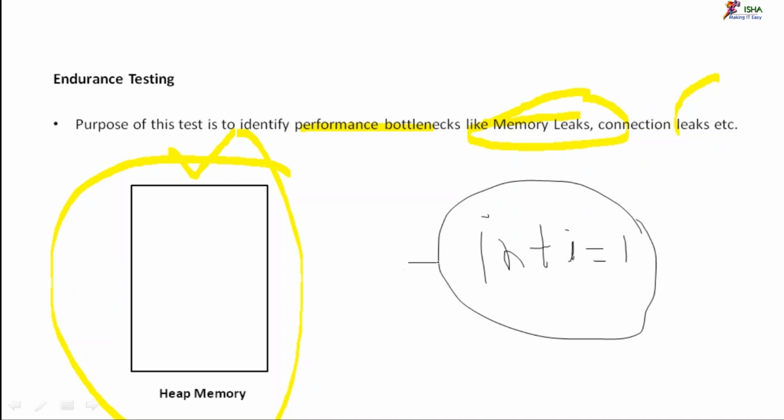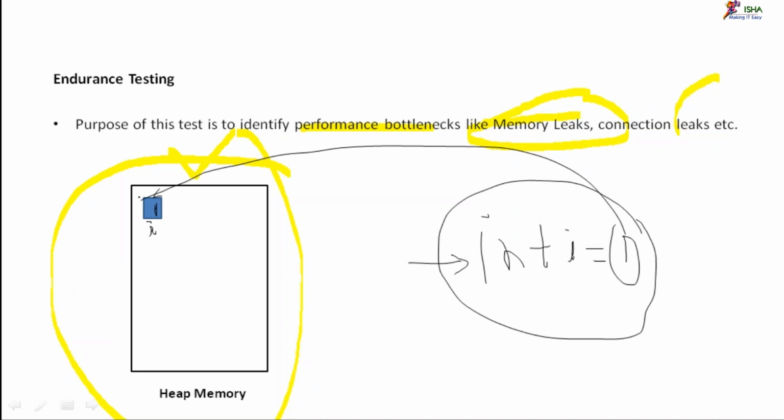So, as soon as it executes this line, what does my server do? A small piece of memory is allocated to this I, and 1 is stored in that particular memory location.